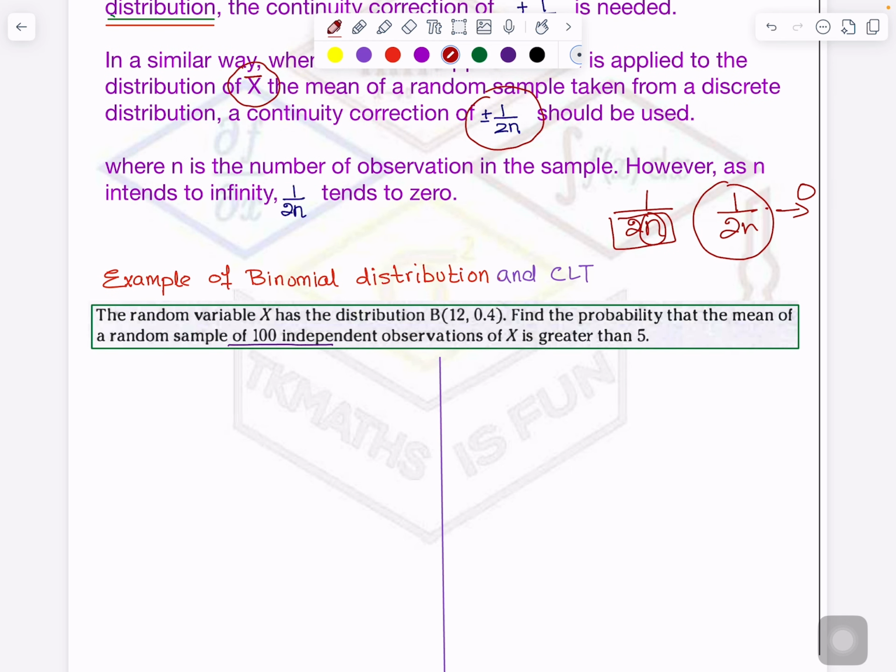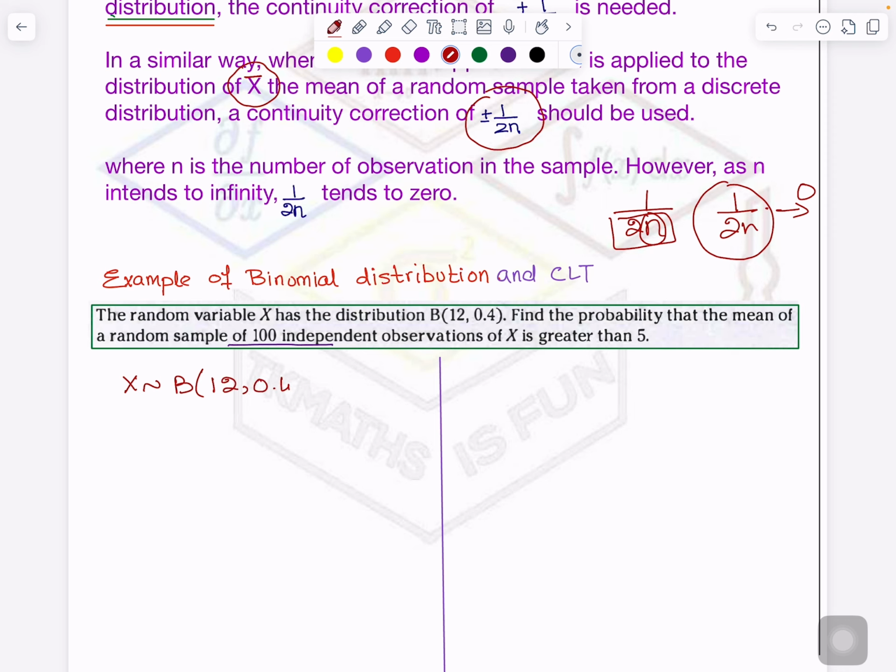This video may get a little longer because I want to complete all binomial, Poisson and CRV in this video. So the example of binomial is in front of you. Let's see how we will solve it. If you want to try it yourself, you can pause the video.